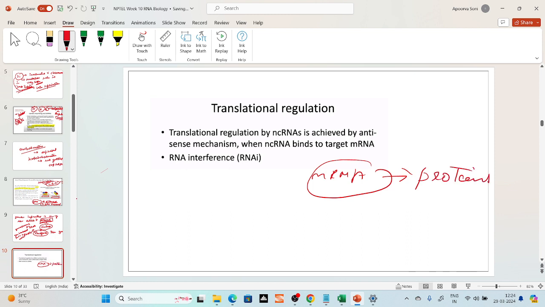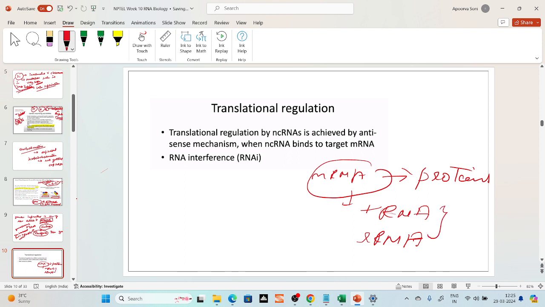There are some other RNAs that do not code for proteins, but they have other functions. And what are those RNAs? Those RNAs are like tRNA, then you have rRNA and other non-coding RNAs. tRNA and rRNA are very well studied.